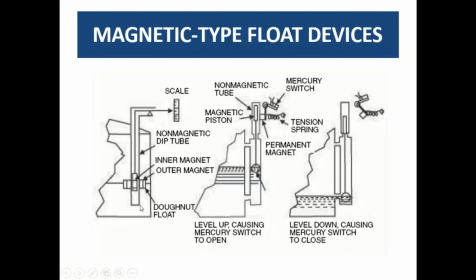So you have attached certain assemblies with a calibrated scale, and with the movement of this dip, or you may say the non-magnetic dip tape, you can easily assess how much the level increases or decreases.